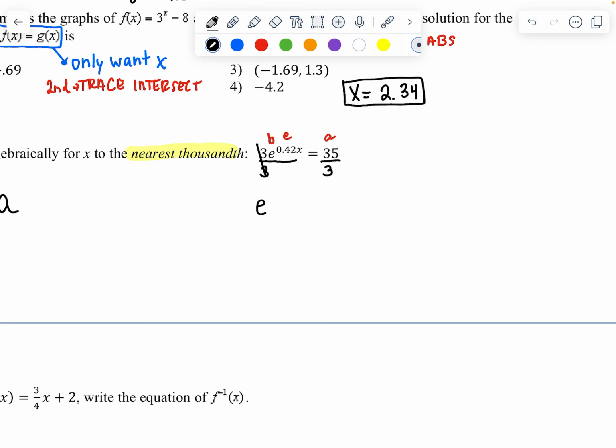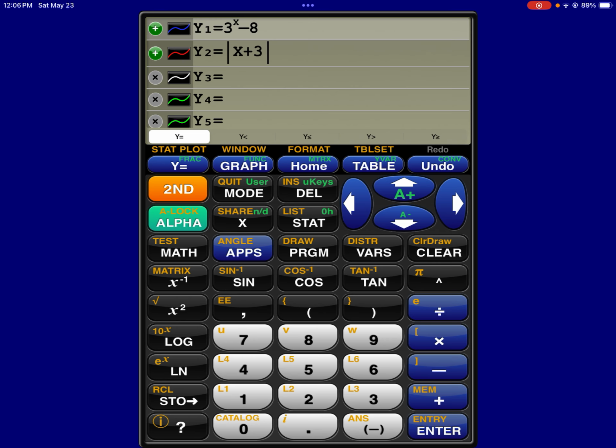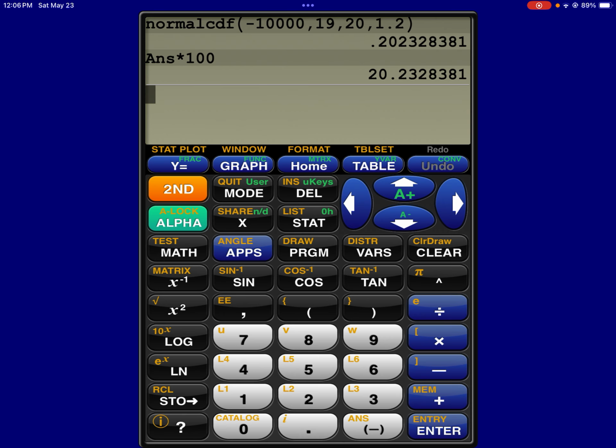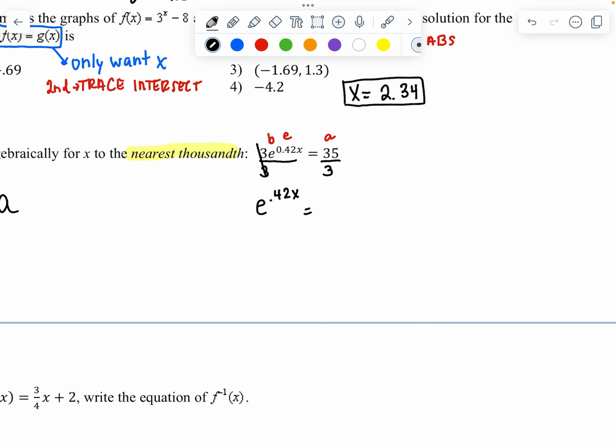So when we move that over, and we get 35 divided by 3, we're going to get 11.6666 repeating. And I'm going to keep all those decimals. Now I have three parts. I have a base, an exponent, and an answer.